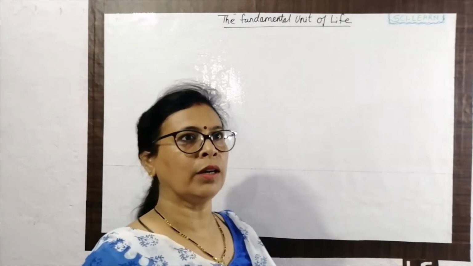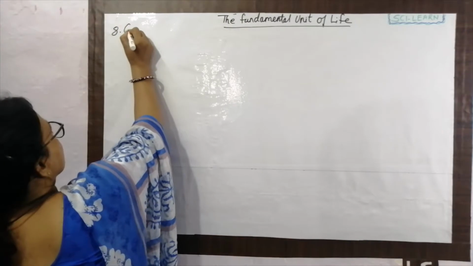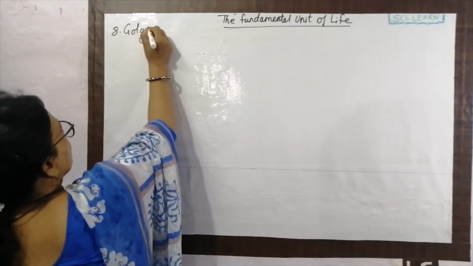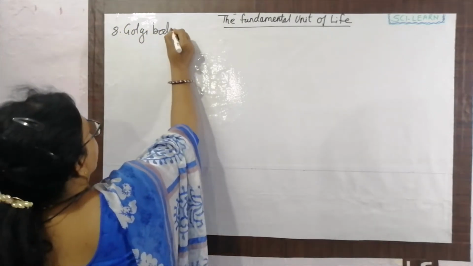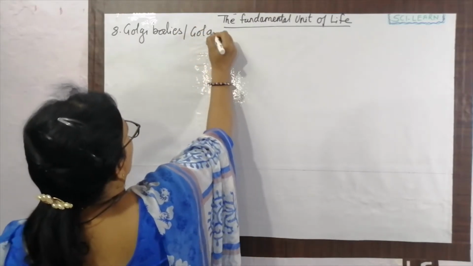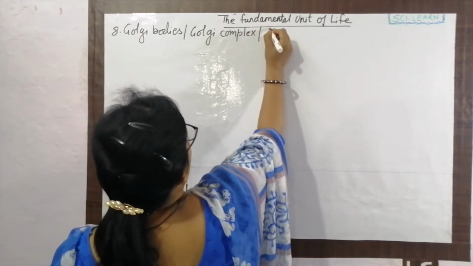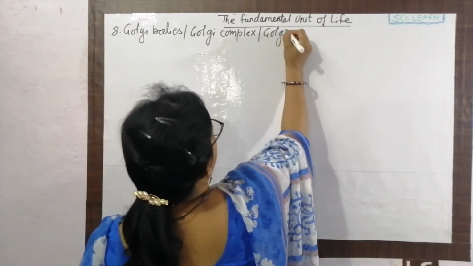The first, Golgi complex. It may be organelle number 8. It is called Golgi bodies or Golgi complex or Golgi apparatus.